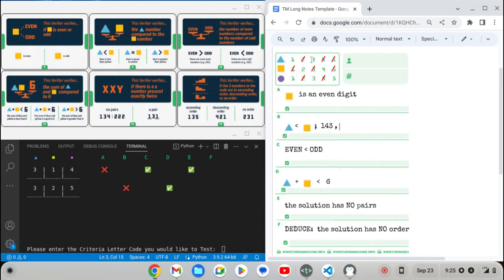So that means it would be 3, 4, 1. Okay. Oh, and of course it can't be 3, 4, 1 because the first two digits add up to something larger than 6. So this is not valid. Wow, very interesting. So it looks like the solution should be 1, 4, 3.